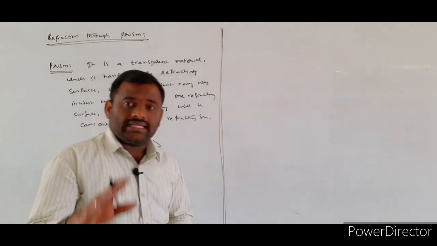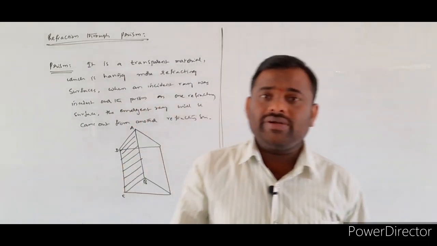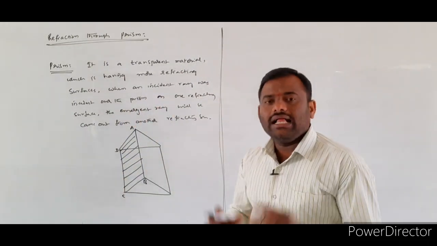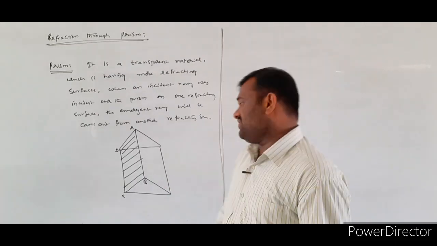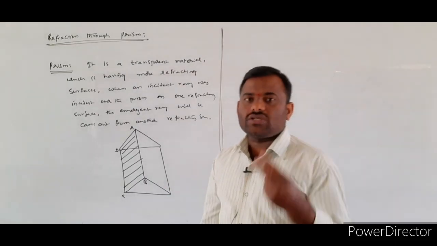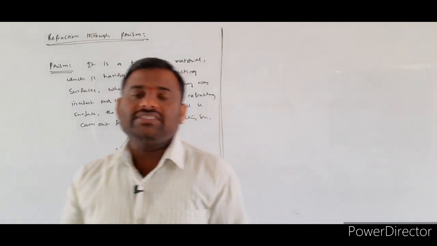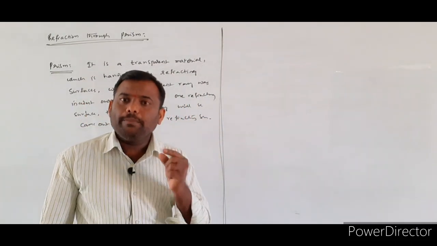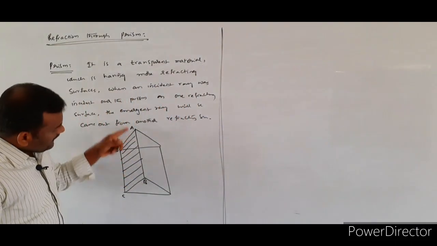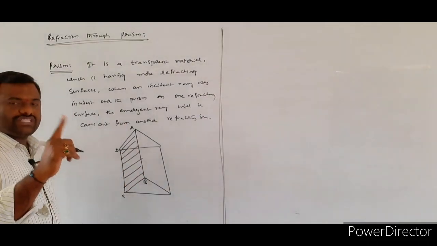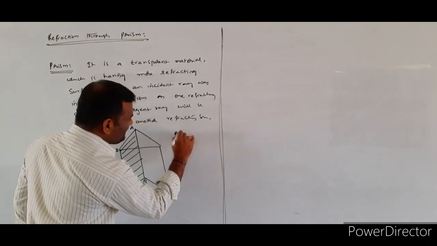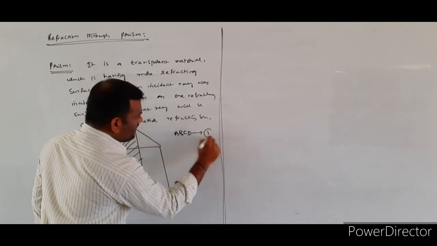Already we said the general prisms we consider in the laboratory have three plane surfaces. Out of the three plane surfaces, two are the plane refracting surfaces, and the third one is called the base of the prism. In the given diagram, ABCD indicates the first refracting surface.